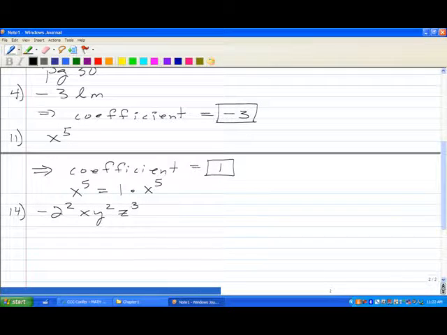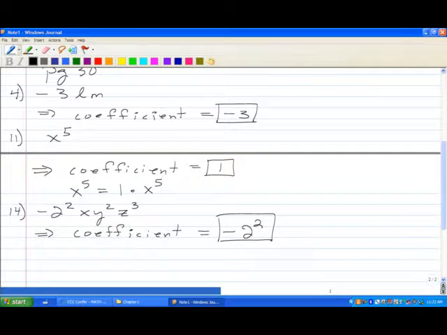And so the numerical coefficient in this particular case, the number multiplying the variable part, is just negative 2 squared.